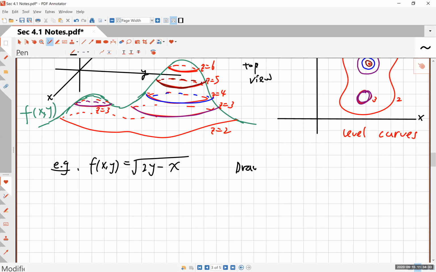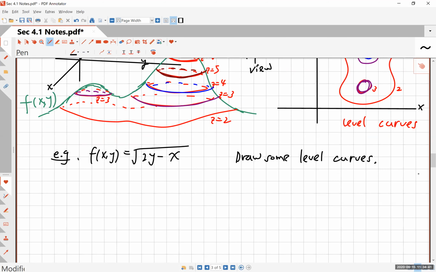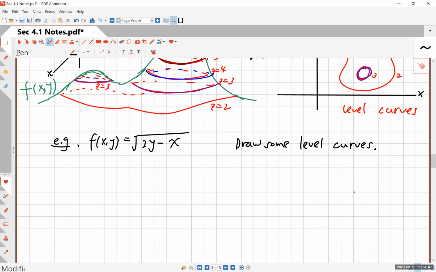I will say draw some level curves. This is a typical question here. It doesn't give you specific values. Maybe sometimes they will, but sometimes they don't. They want you to just have a feel for what the level curves are going to look like.